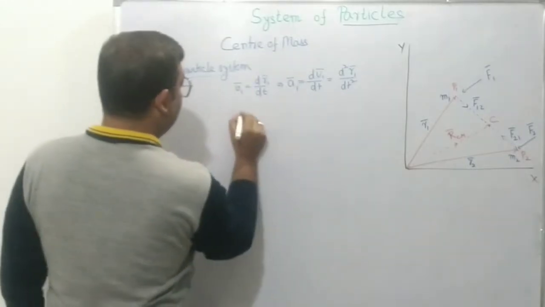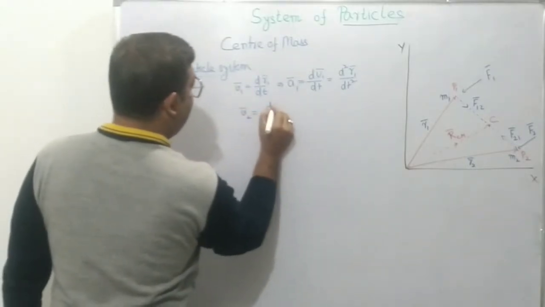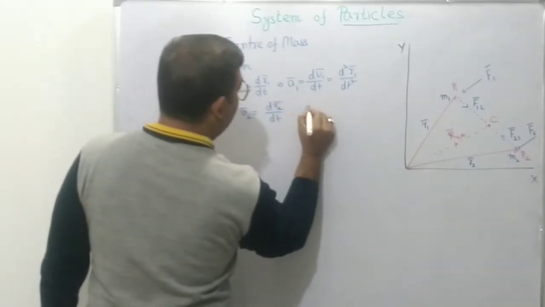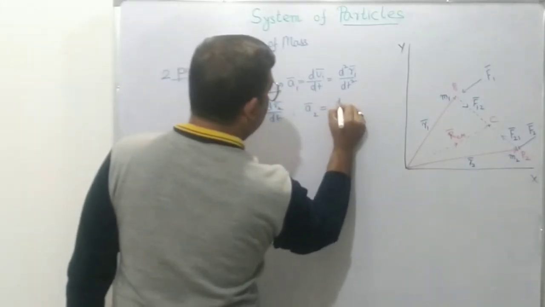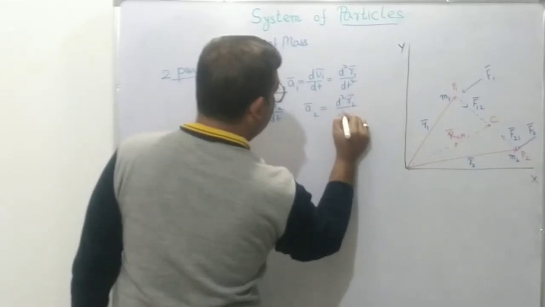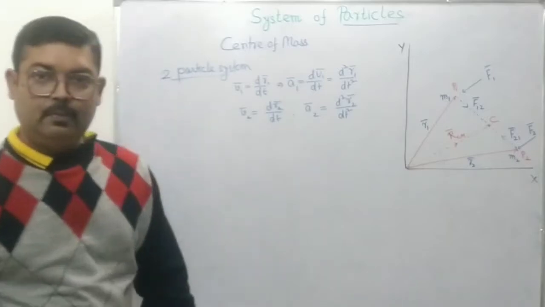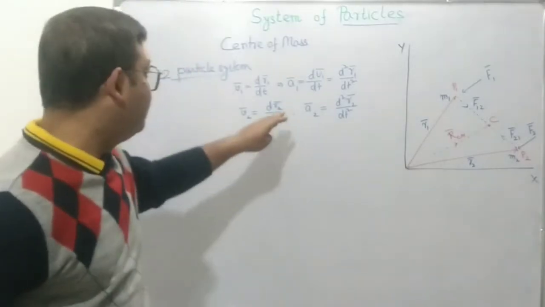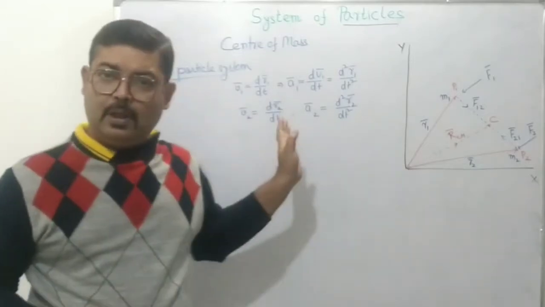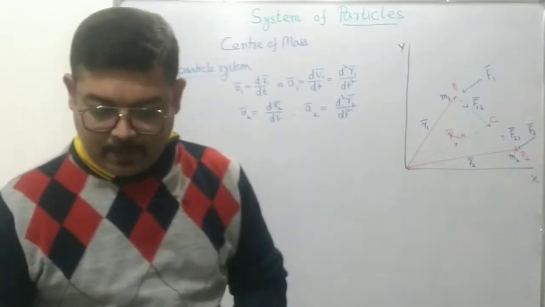Similarly, v2 will be equal to dr2 by dt, and a2, the acceleration of 2, will be d squared r2 by dt squared. This is the basic definition of the vector representation of velocity and acceleration.